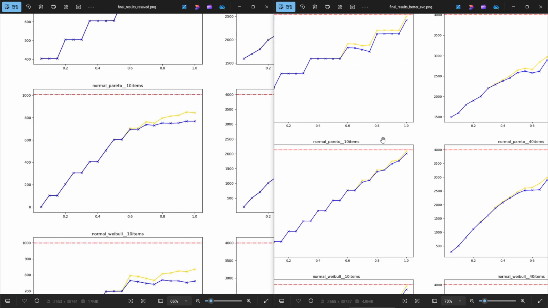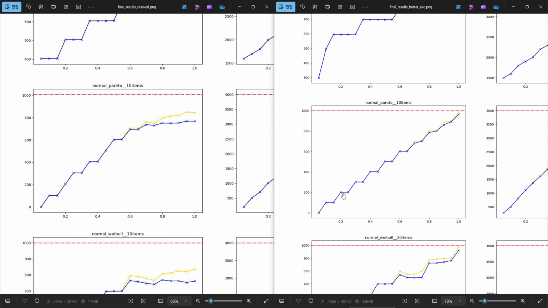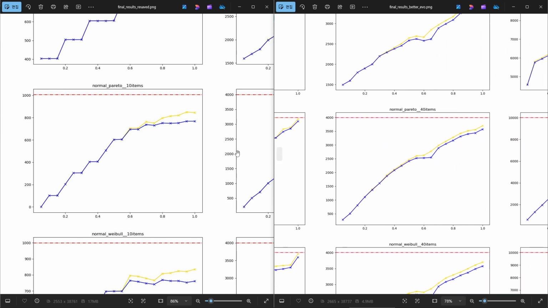For normal Pareto, we have these steps for 10 items. We did have those steps with the older evolution scheme, but now you see that when this happens, it's not working.